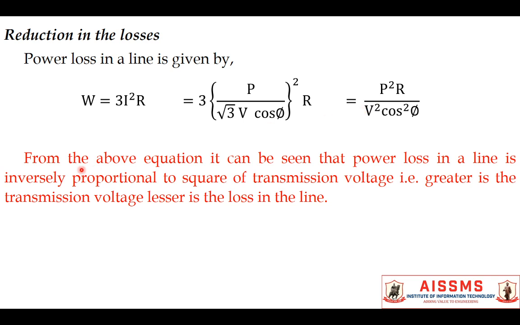So from the above equation, power loss in a line is inversely proportional to the square of the transmission voltage. The greater the transmission voltage, the lesser the transmission loss. So as there is an increase in the transmission voltage, there will be decrease in the power loss of the line.